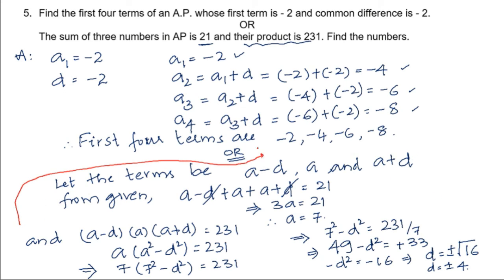Therefore, the required numbers are, you substitute in the value of a and d, we get 3, 7, 11, or else if you take -4, we'll be getting 11, 7 and 3.